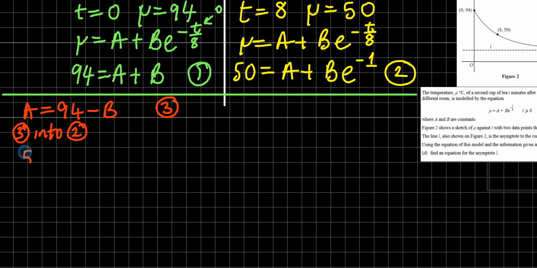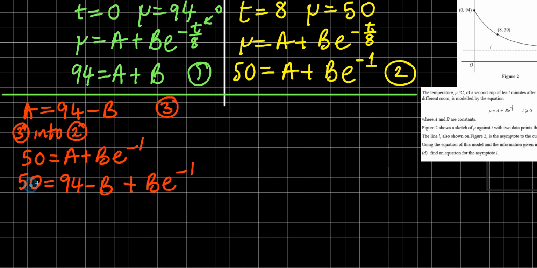So now I'm going to have 50 equals A plus B e to the minus 1. So that's going to be 94 minus B plus B e to the minus 1, and that equals 50. I could then factorize the B. So let's have 50 minus 94 equals minus B plus B e to the minus 1.